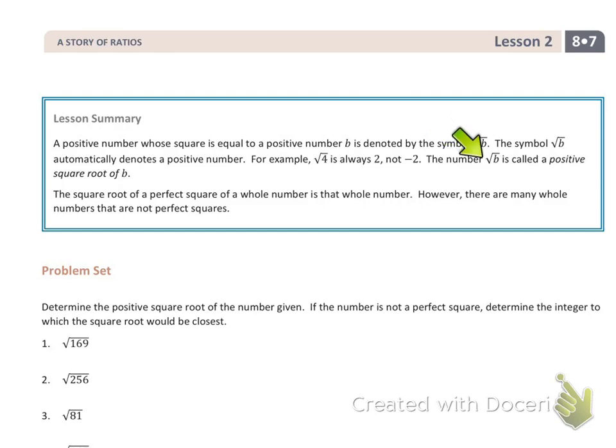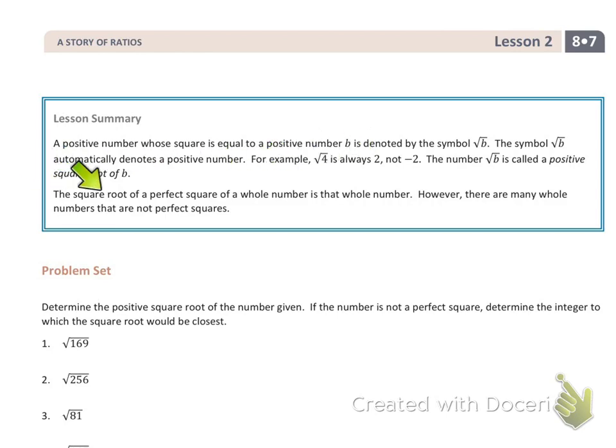And the number square root of b is called a positive square root of b. Okay, so remember, negative 2 times negative 2 is also 4. So every positive number has 2 square roots, but when we use the square root symbol, we're always talking about the positive square root.